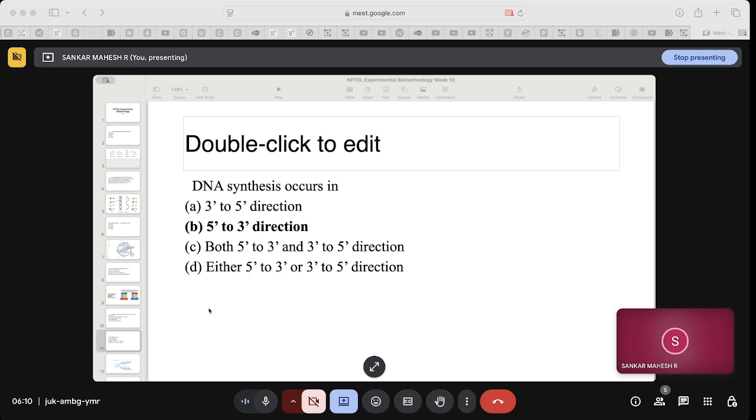Your enzyme can do it from 5 prime to 3 prime because your 3 prime OH should be more or less rigid, whereas your 5 prime phosphate can be slightly flexible. If it's the other way around, it cannot happen. So this is what directs the directionality. Right. Good.